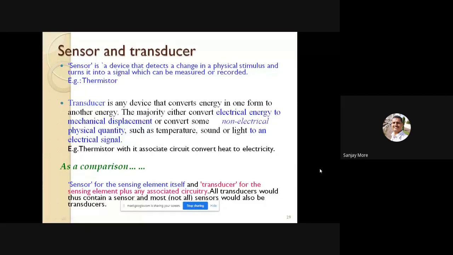For example, a thermistor with associated circuit converts heat to electricity. Okay. See the comparison between sensor and transducer. A sensor is for the sensing element itself, and a transducer is for the sensing element plus any associated circuitry. All transducers would thus contain a sensor, and most, but not all, sensors would also be transducers.